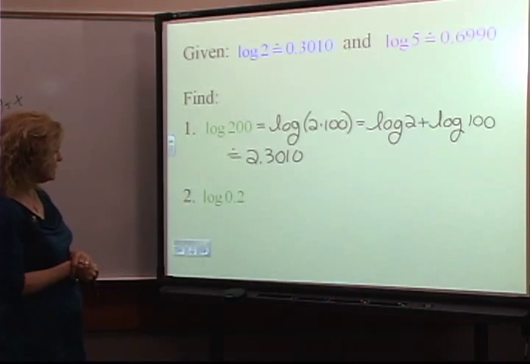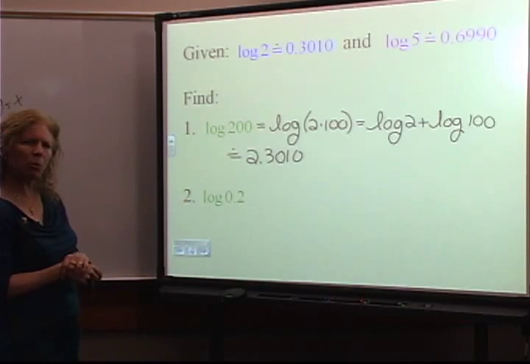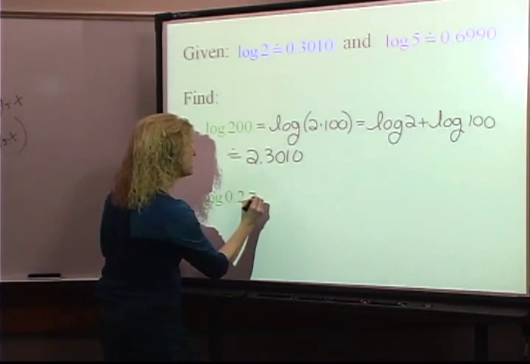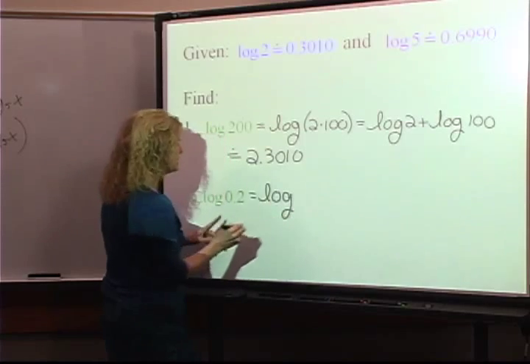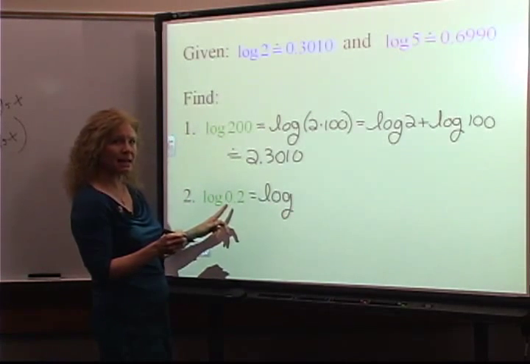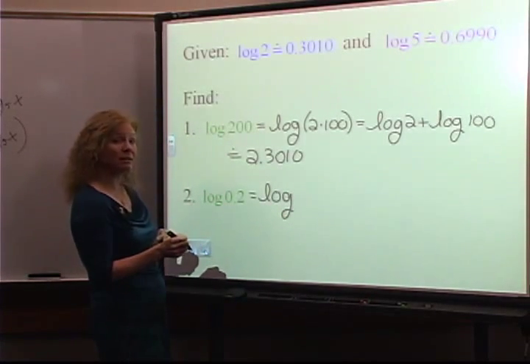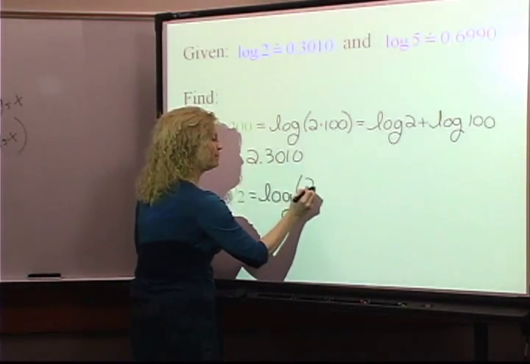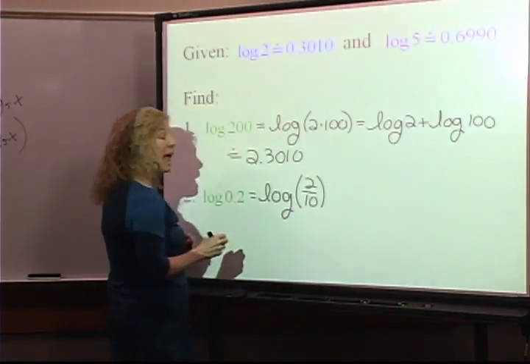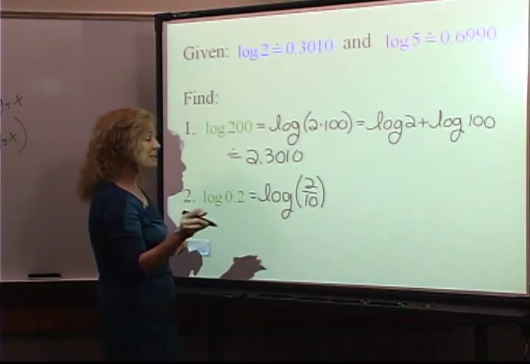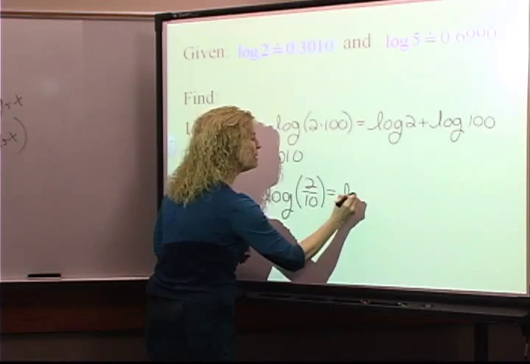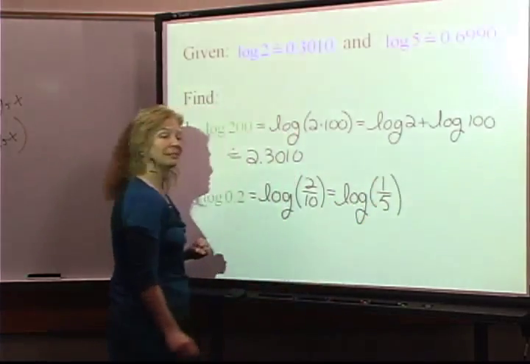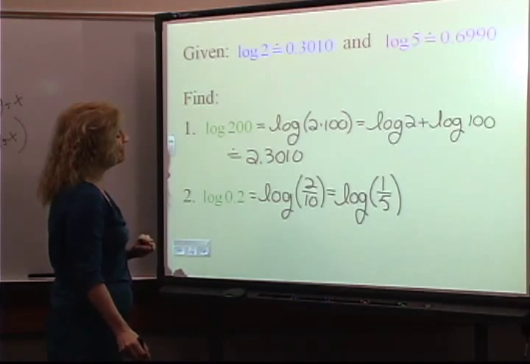Now, in this case, what am I going to do with a 0.2? Well, you might realize that's a decimal, and decimal is short for decimal fraction. That's 2/10. And I could work with that. But somebody else says, wait a minute. Isn't 2/10 the same as 1/5? Yes, it is.